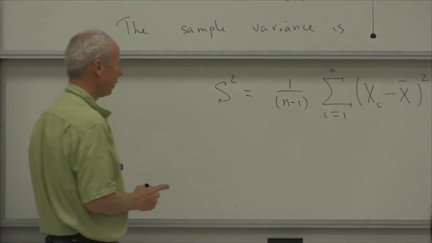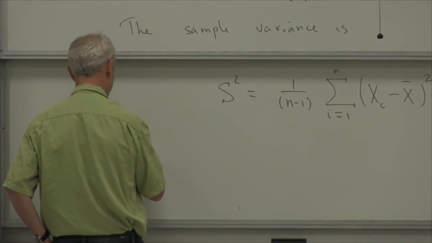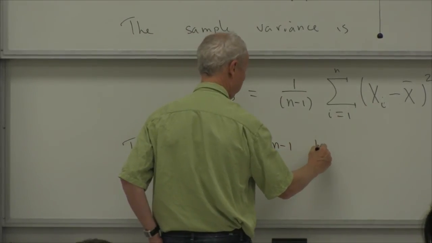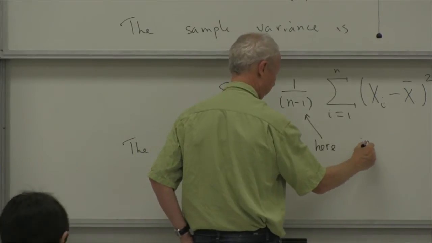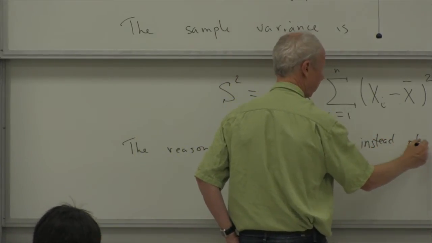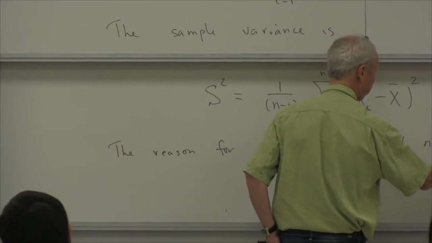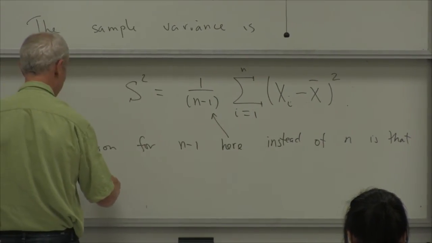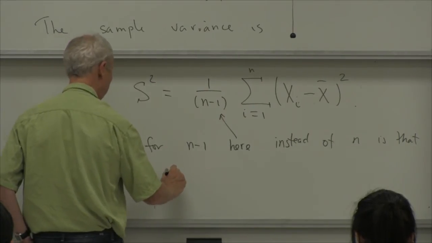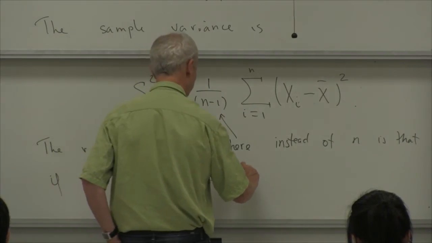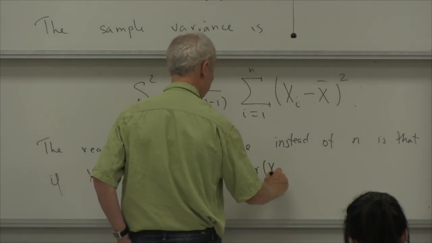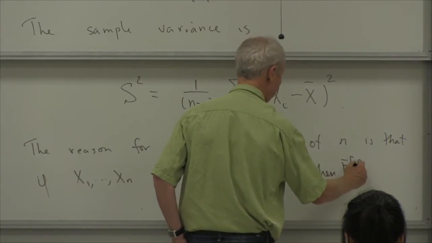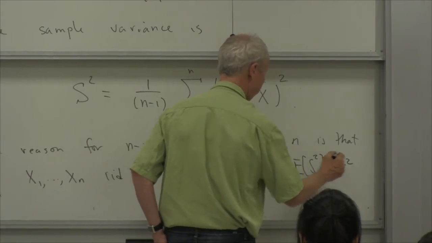The reason for that is if the x's are independent, or let's even say IID, with common variance equal to sigma squared, then the expected value of s squared is sigma squared.